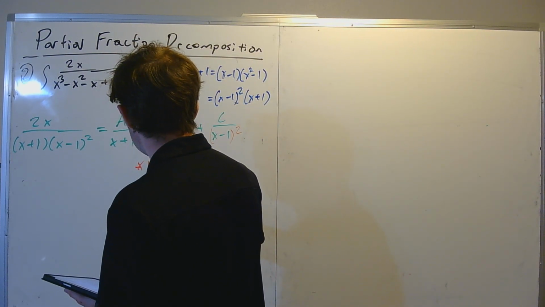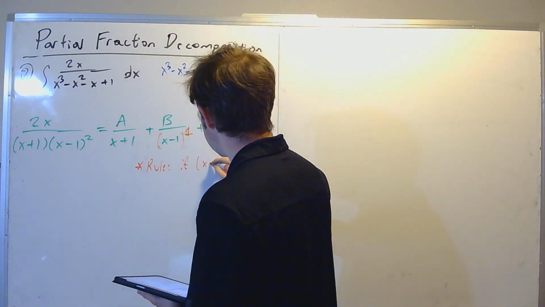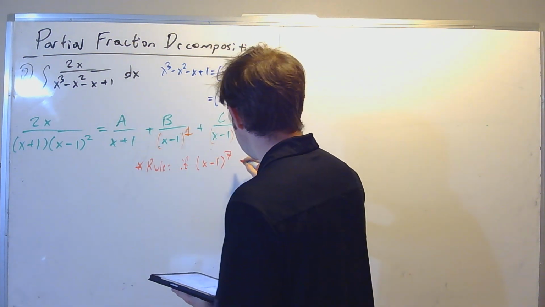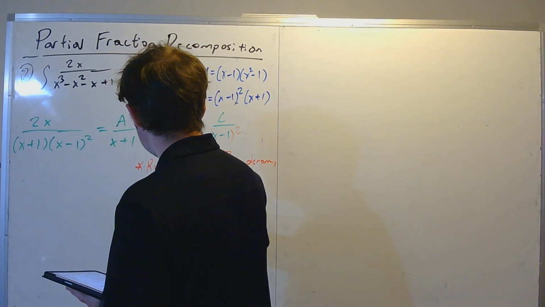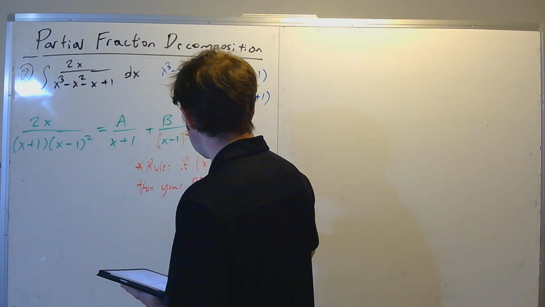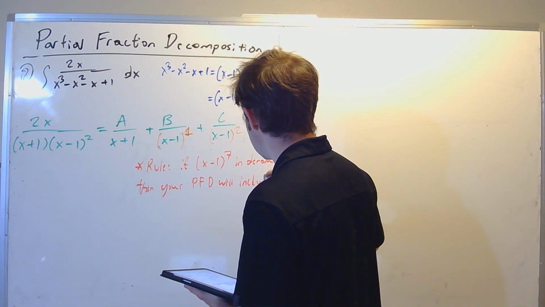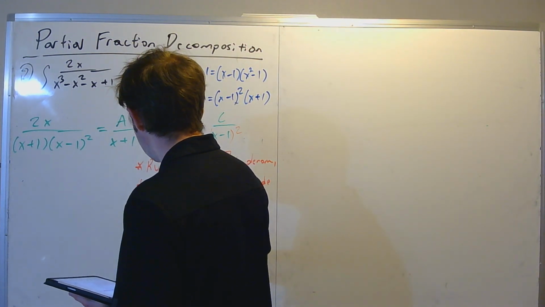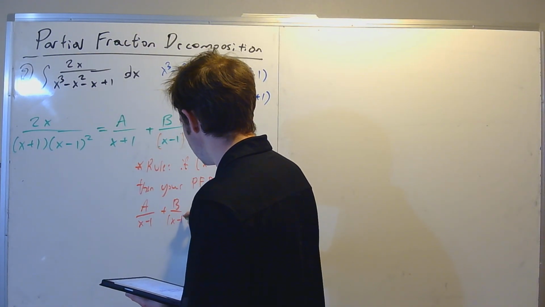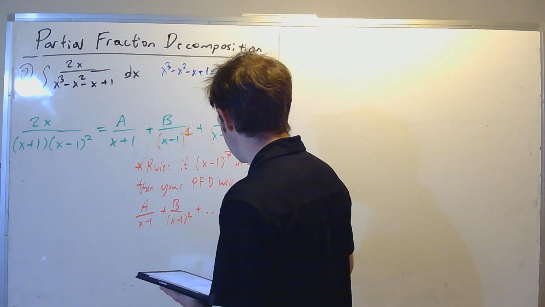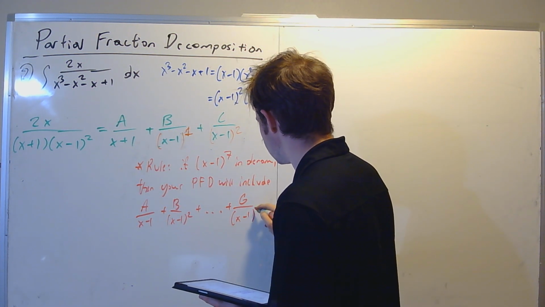So let's say here, rule: if x minus 1 to the power of 7 is in the denominator, then your partial fraction decomposition will include A over x minus 1 plus B over x minus 1 squared plus, and then you just keep going until you get to eventually G over x minus 1 to the power of 7.